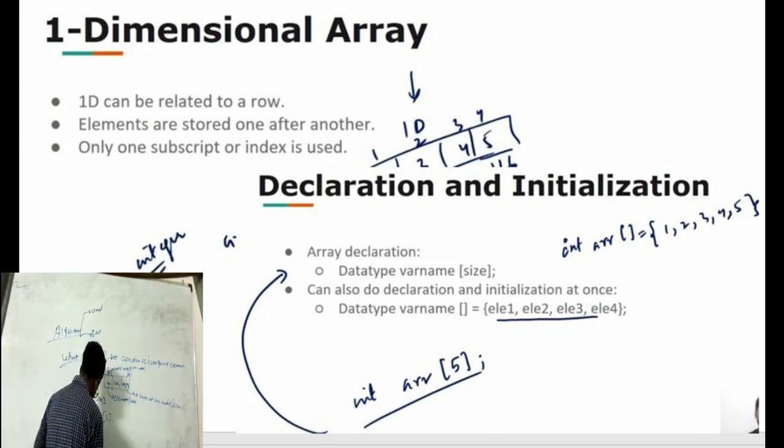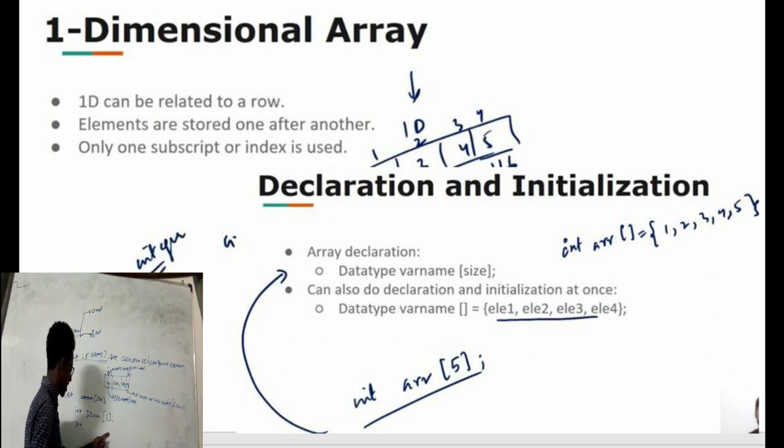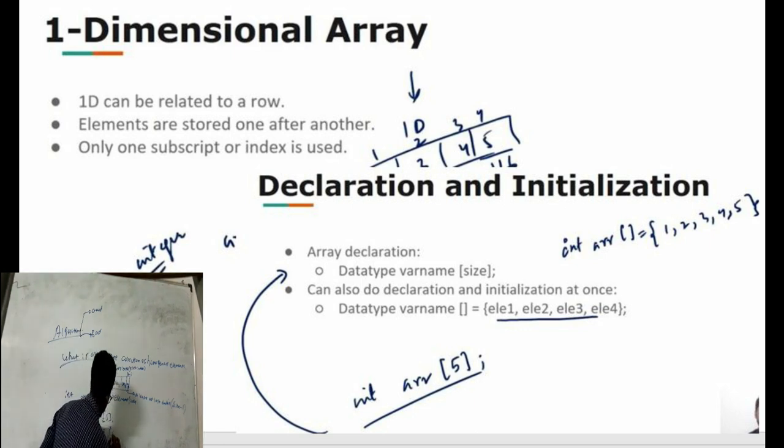Another way: ID num equals, under curly braces, 11, 25, 30, 31, 45, 55, semicolon.